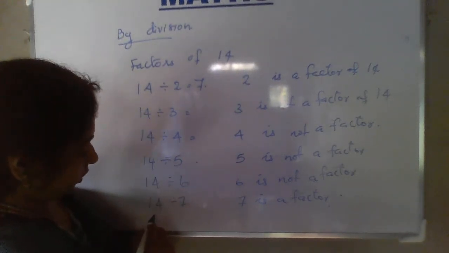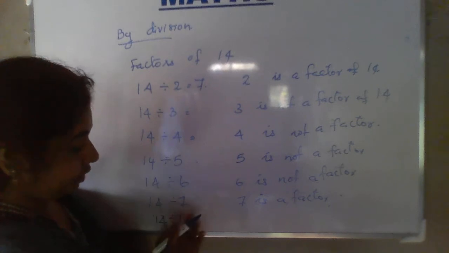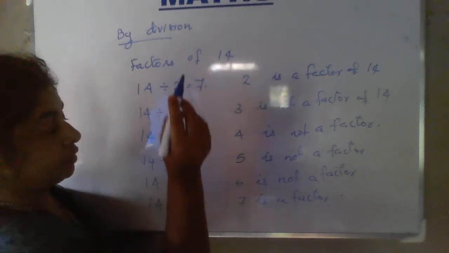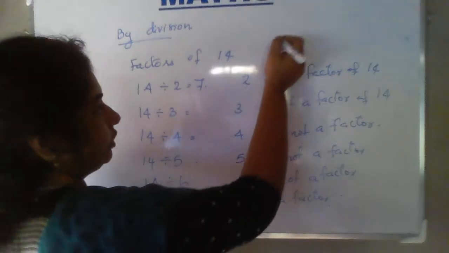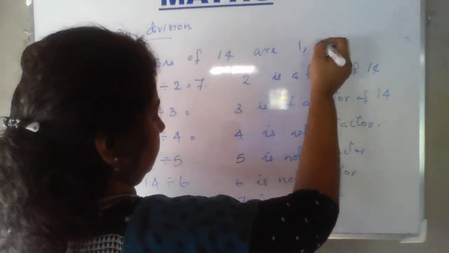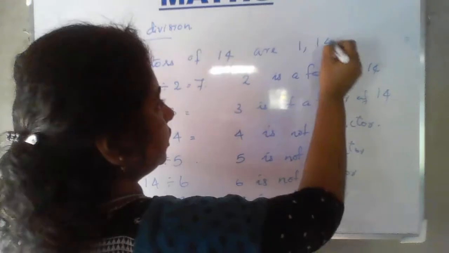Then we continue like this. 14 divided by 14. We know that every number is a factor of itself, and 1 is a factor of every number. So 1 and 14 are factors.